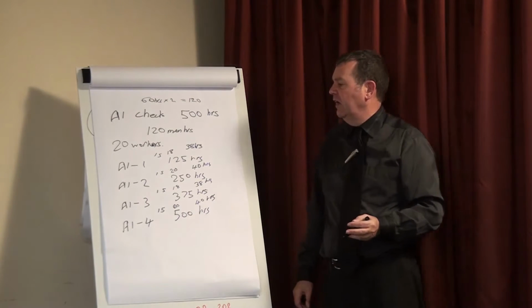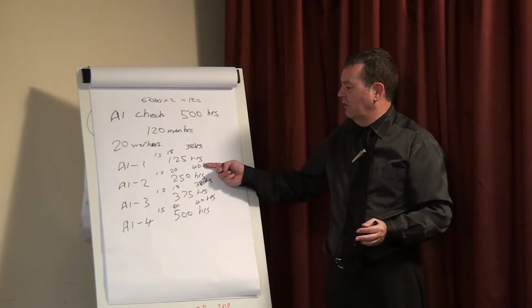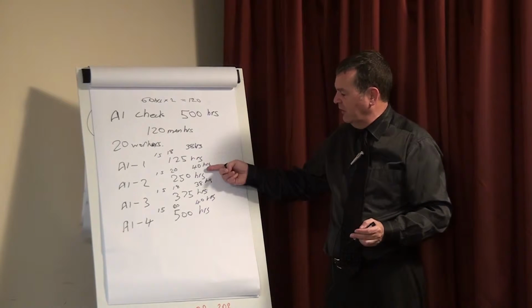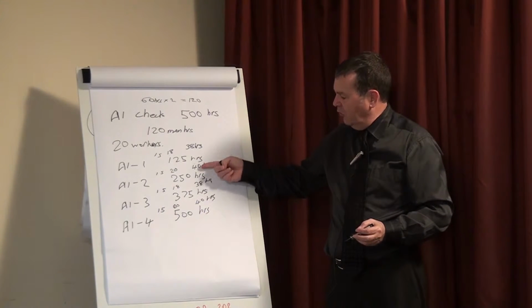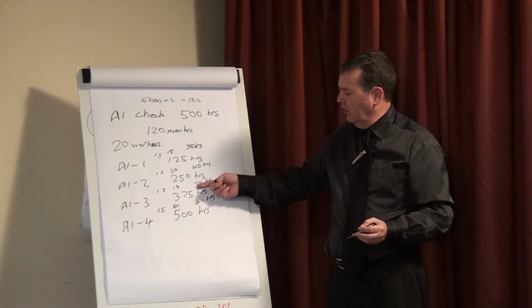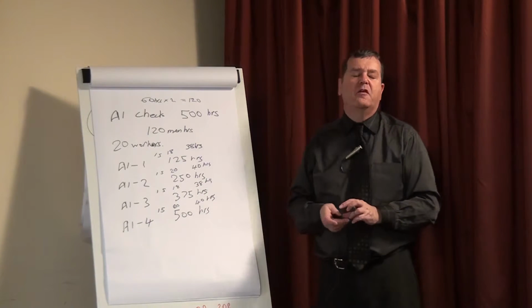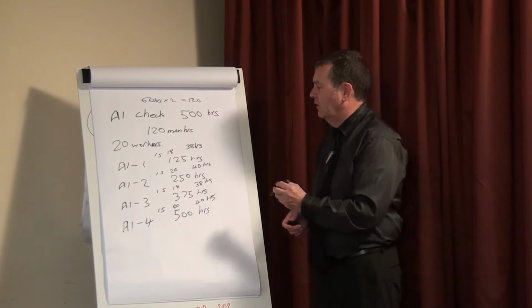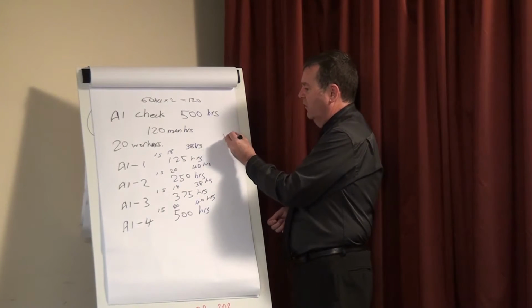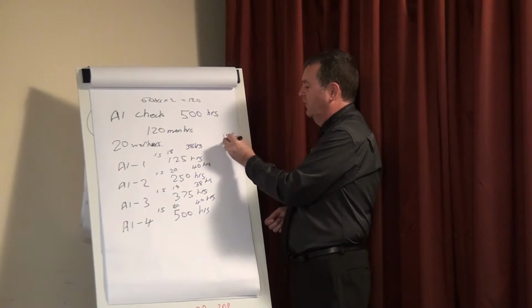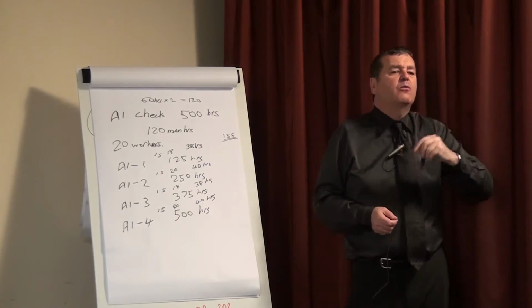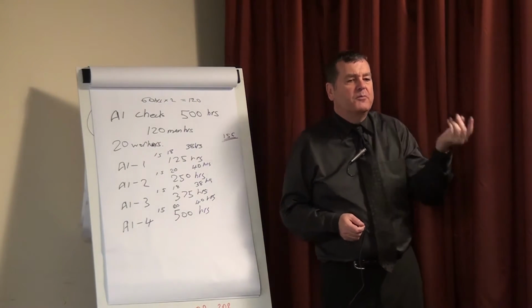But the big difference here is with this 40 hours, if we add all this together, we've got 40 and 40, we've got 160, 156 hours. So that's 120, this is 156. So that's the downside. But the upside is this.